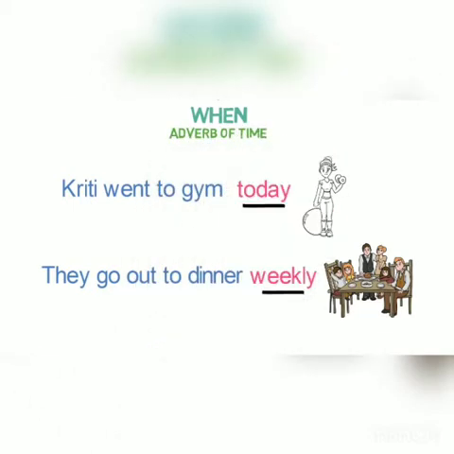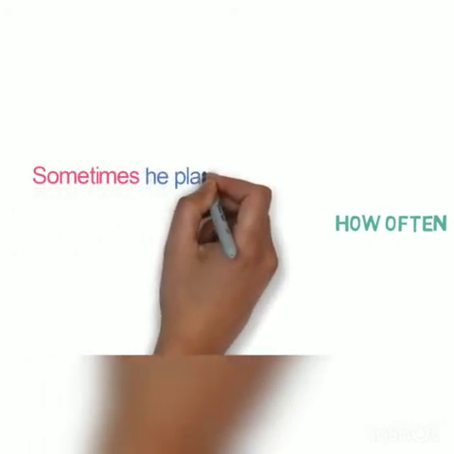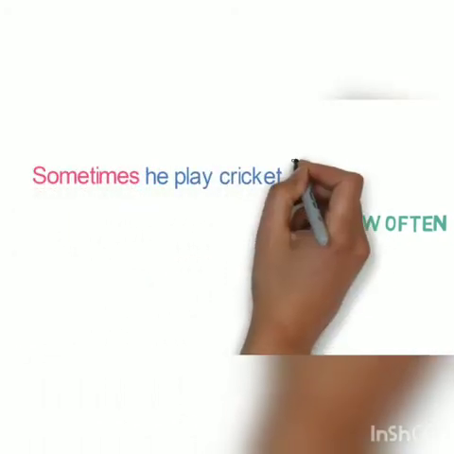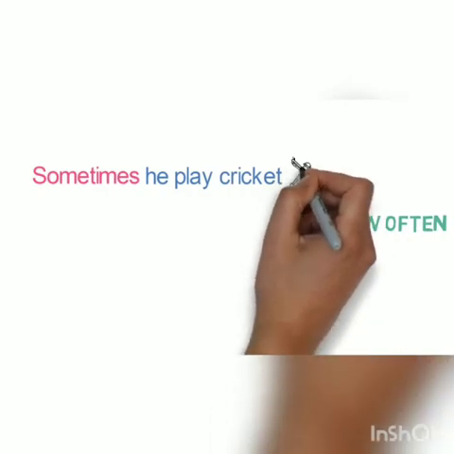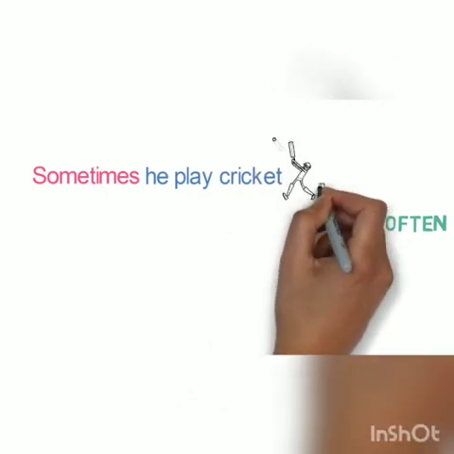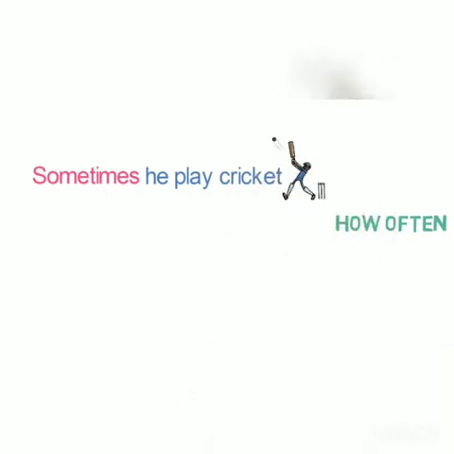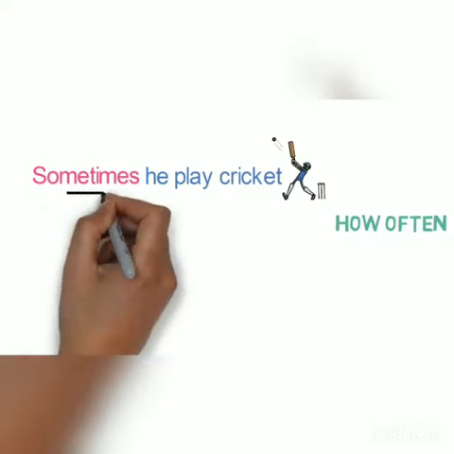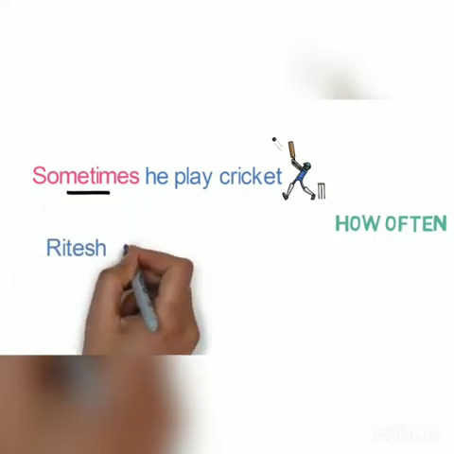Now let's look into the fourth way in which we describe an action. How often or how frequently the action is happening. Sometimes he plays cricket. We understand that he plays cricket, but what is the frequency, or how often does he play? He plays sometimes. So sometimes is an adverb here.